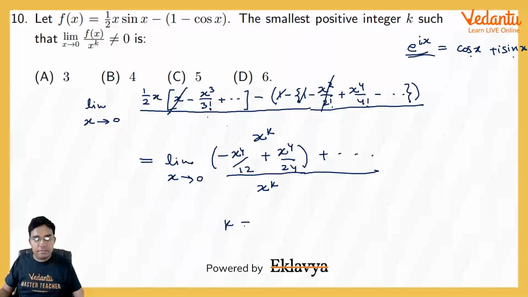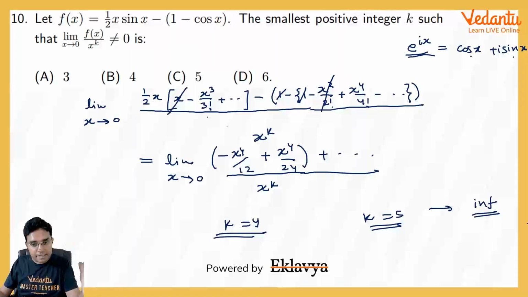I think this maximum value of k can be 4, and we will still be getting a non-zero limit. If you take k equal to 5, then also you can check the limit will become infinity or minus infinity, you can say plus infinity, or someone can say doesn't exist.